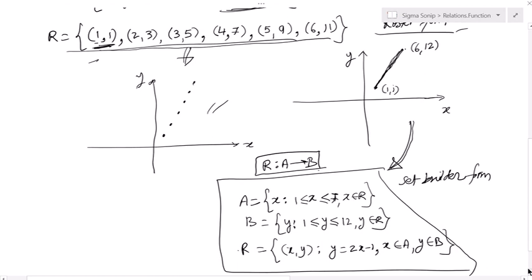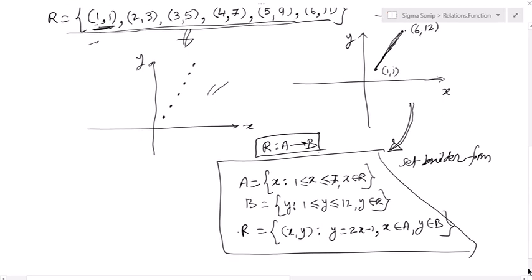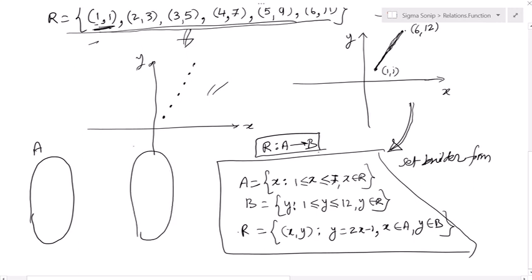So what we're going to do is I'll draw these two sets here. That's my set A and that's my set B, and my set A has elements 1, 2, 3, 4, 5, 6, and 7. And in set B, I have elements 1, 2, 3, 4, 5, 6, 7, 8, 9, 10, 11, and 12.